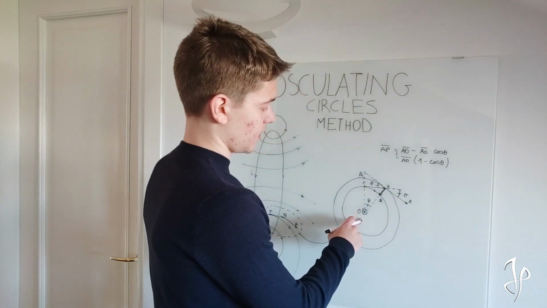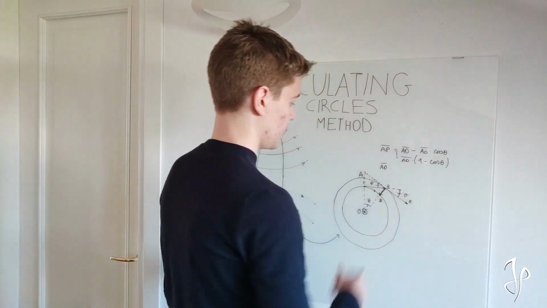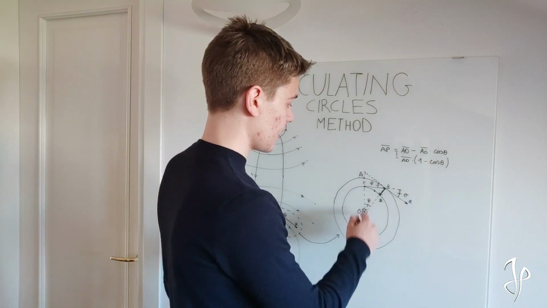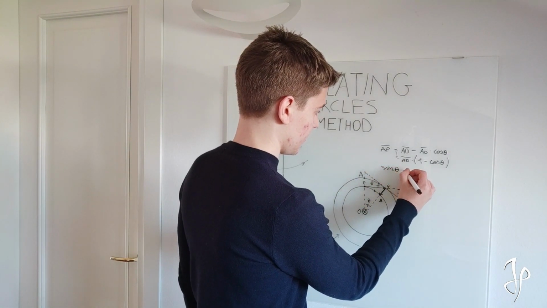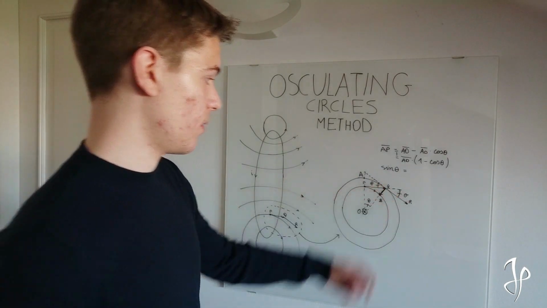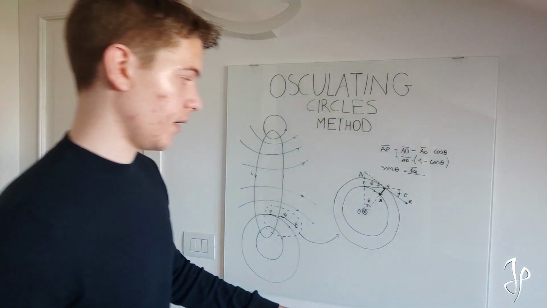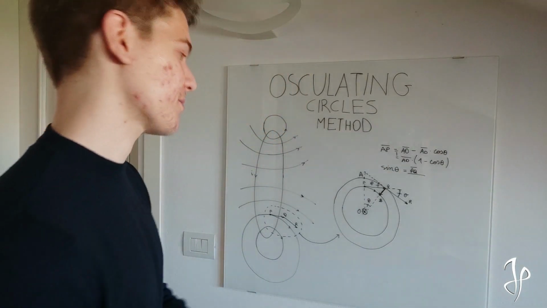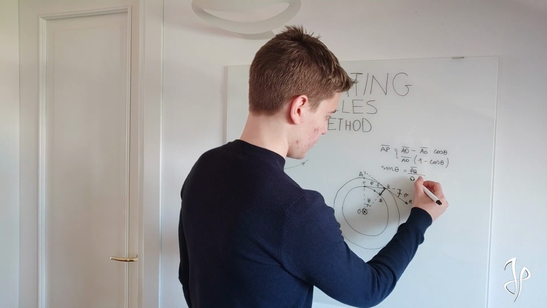So let's say that the sine of this angle theta by definition is equal to the opposite edge, PQ, divided by the hypotenuse, I don't know how you call it in English, but this quantity right here, OQ.